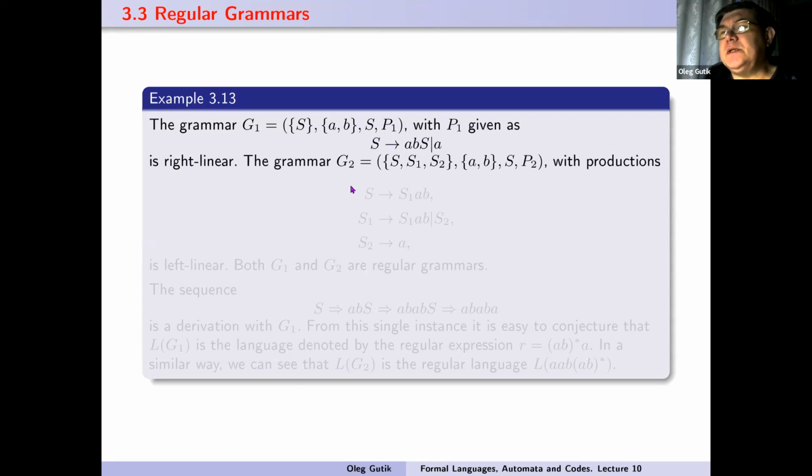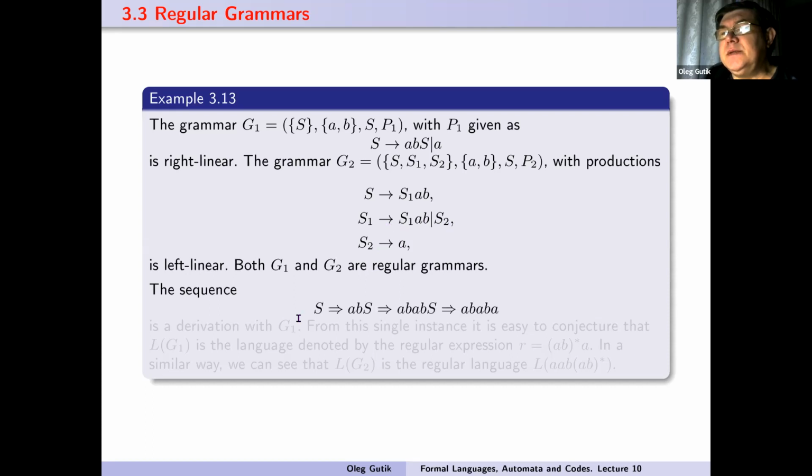The grammar G2, which consists of S, S1, S2, our alphabet a, b, S, P2, with productions S into S1ab, S1 into S1ab, or S2, and S2 into a, is left linear. Both G1 and G2 are regular grammars.